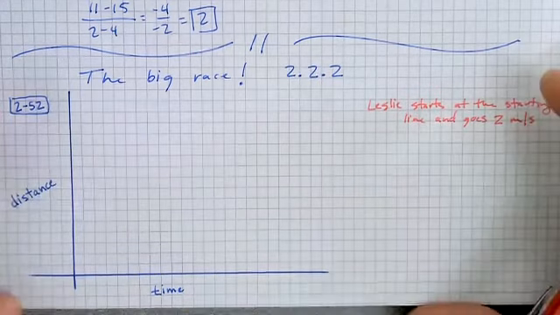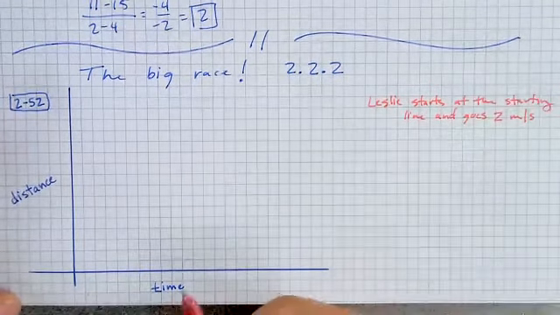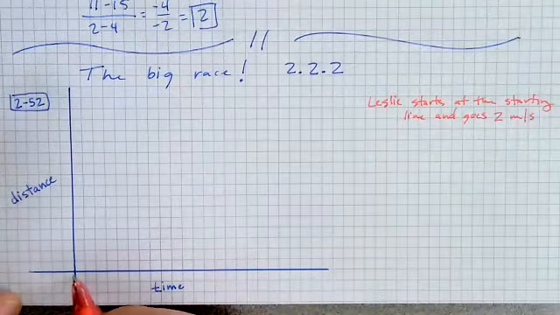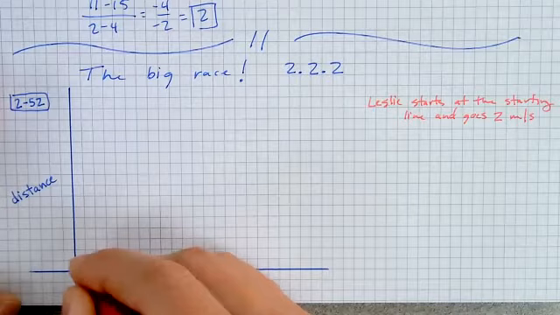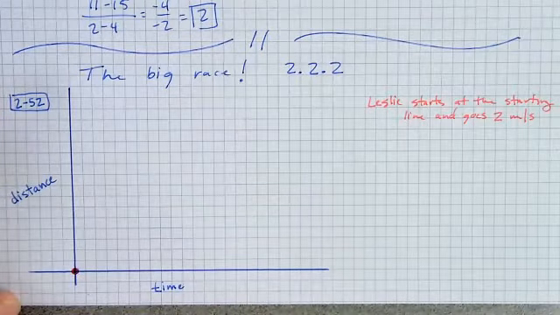So if she starts at the starting line, how far has she gone in 0 seconds? Well, she's gone 0 distance. So essentially she's starting right there.